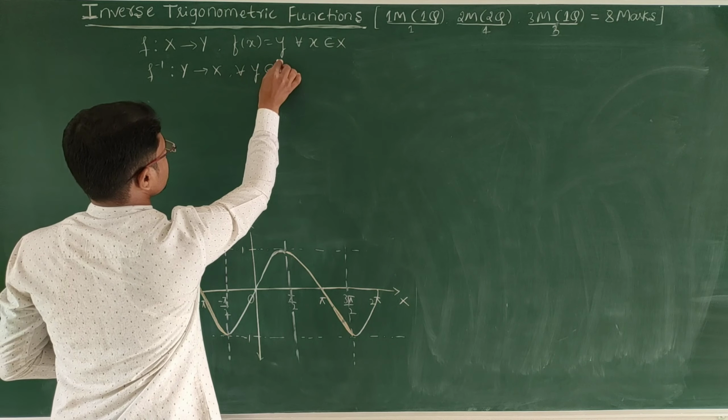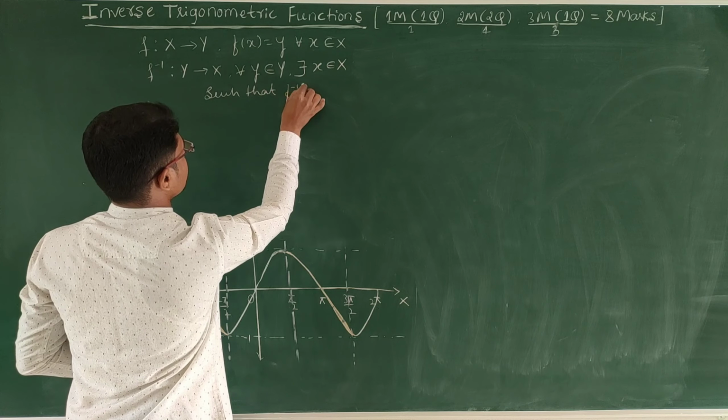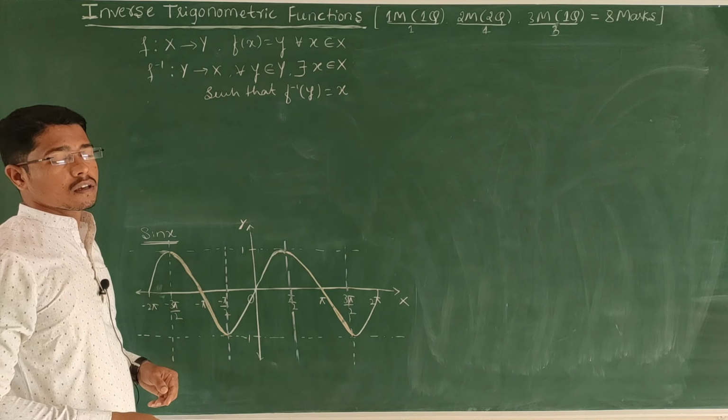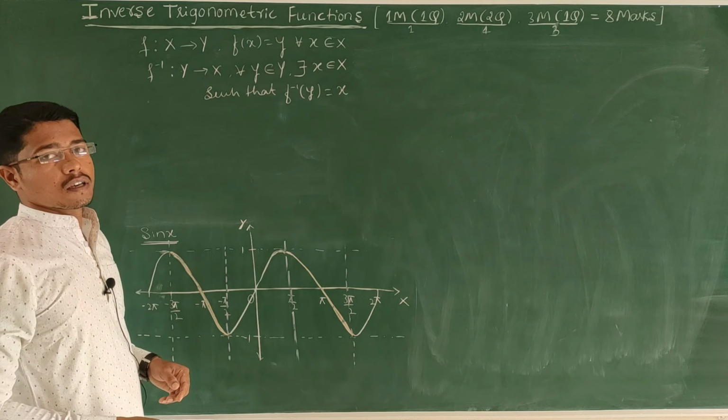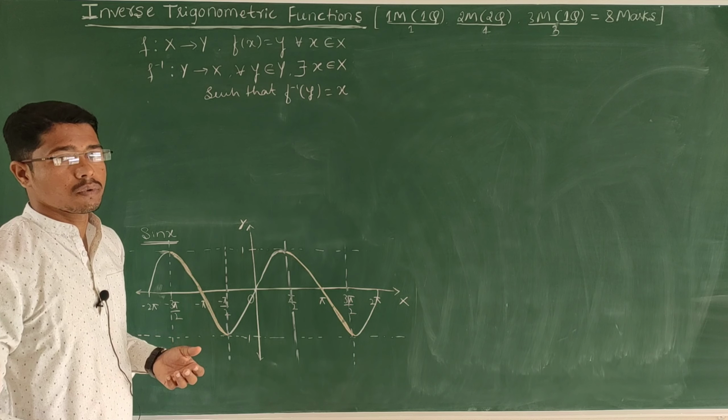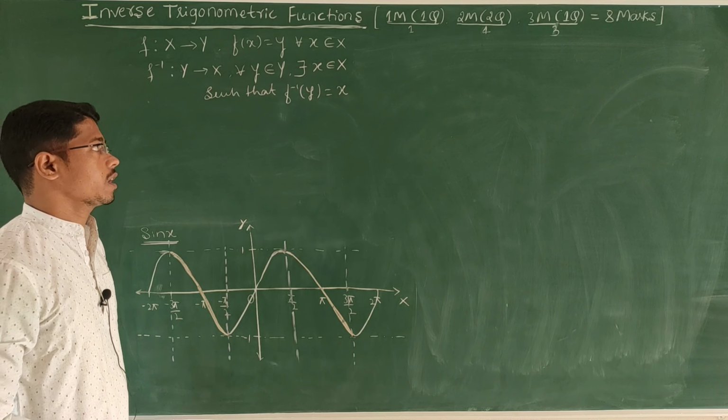For all y belongs to Y, there exists x belongs to X such that f inverse of y equals x. So this is the invertible function definition. To exist the inverse of a function, the function should be bijective, means one-one and onto.